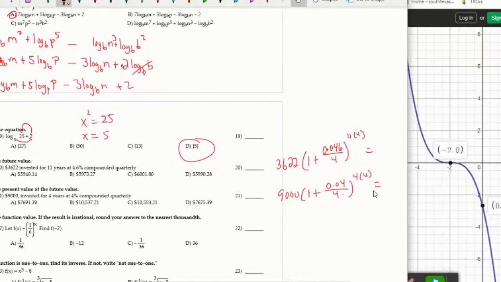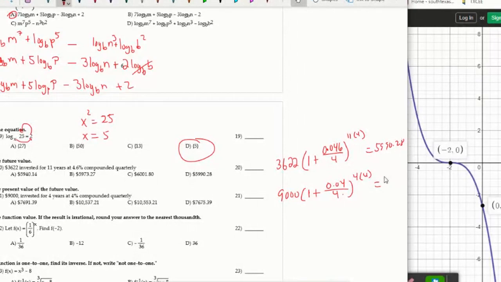Raised to the power of 44. So for this one I get 5990.28. And for the next one, I'm going to do the same exact thing. And I get, give me a second, 4 times 4 is 16.